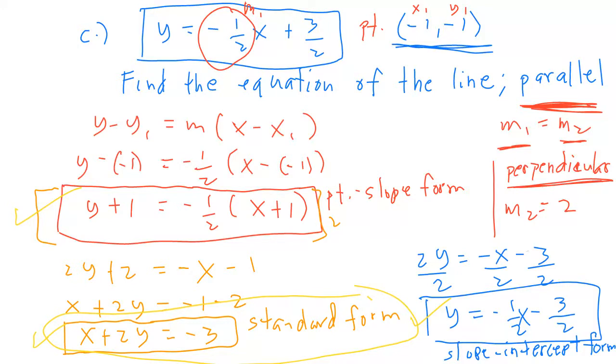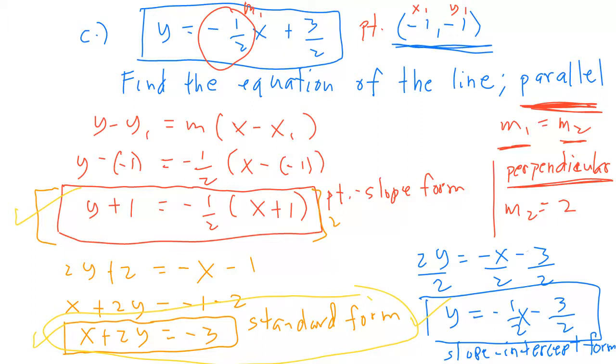And the first line that was solved, given on letter C, would be negative 1/2 x plus 3 over 2.